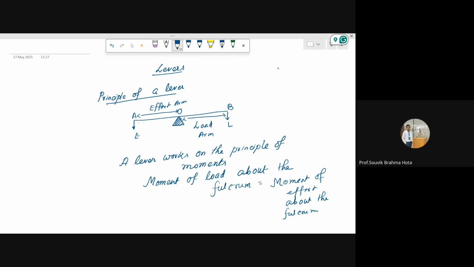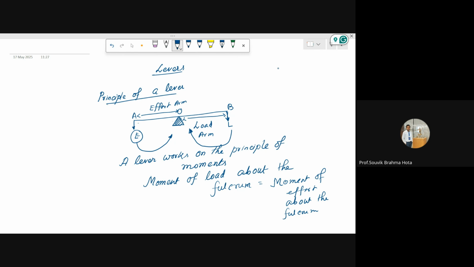Suppose this is the distance AO, so moment means this force into distance, and this moment is in the counterclockwise direction, whereas on this side, this load into the distance will be in the clockwise direction. So the two moments are equal and always opposite in direction.